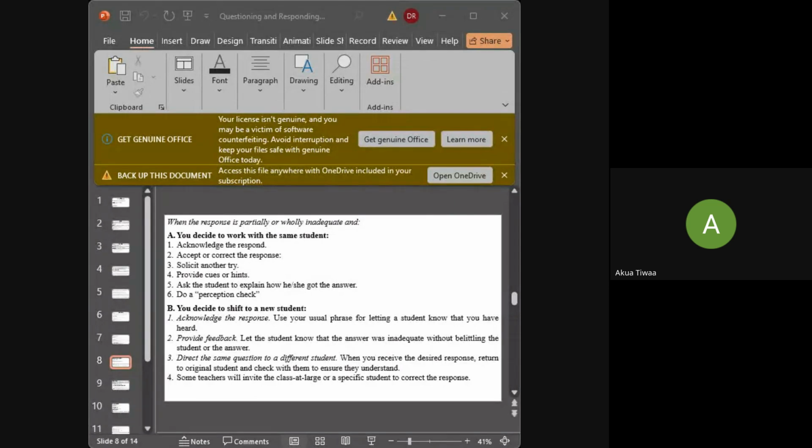And we are saying that research shows that teachers tend to provide positive as well as corrective feedback to students they perceive as their high achievers more than to students they perceive as low achievers. And it is true.